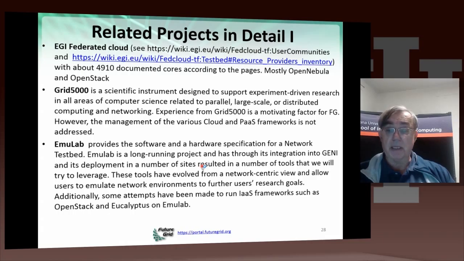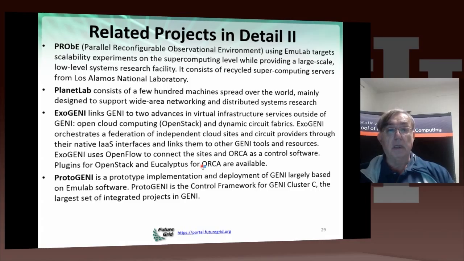Emulab is still expanding, I think, and is a very active project which FutureGrid will try to work with in the future. PROBE is an Emulab environment, a recent one. It consists of recycled servers from Los Alamos National Lab, and with the comments there being similar to Emulab, we need to work more with these people.